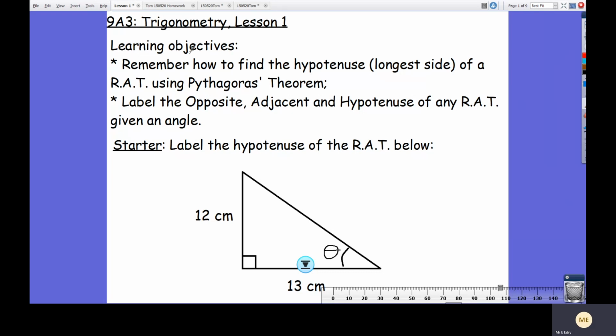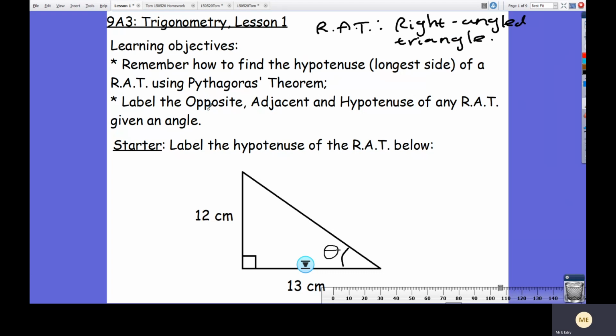So the learning objectives are to remember how to find the hypotenuse, the longest side of a right-angled triangle, using Pythagoras' theorem. Just one little note, when I say RAT, I am talking about a right-angled triangle. It's just a shorthand that I use, makes it a bit easier. Nice little acronym.